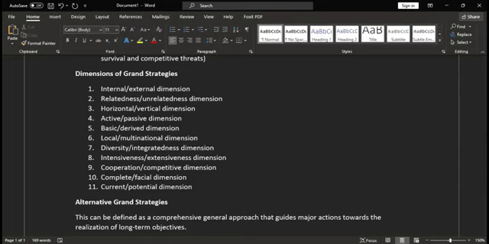Other authors often refer to grand strategies as master, general, basic, generic, overall, systemic or holistic strategy.